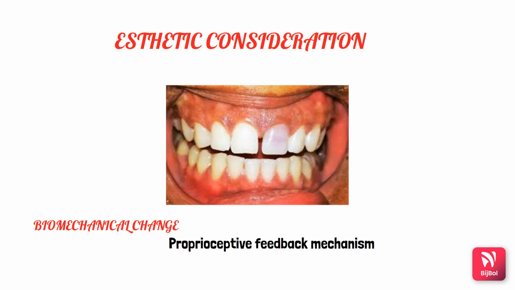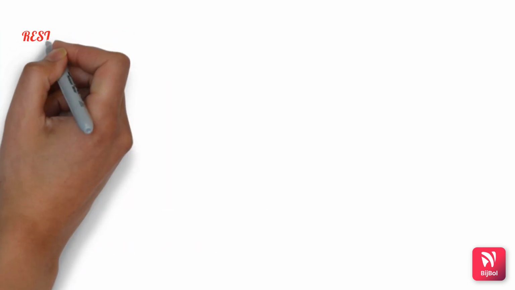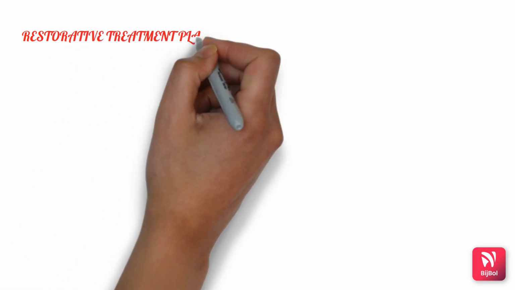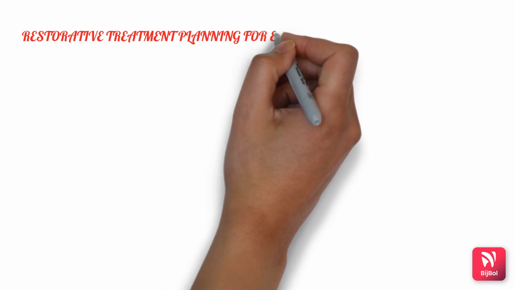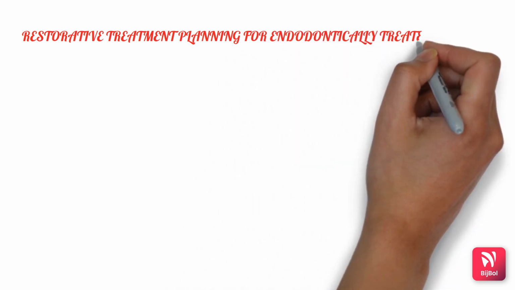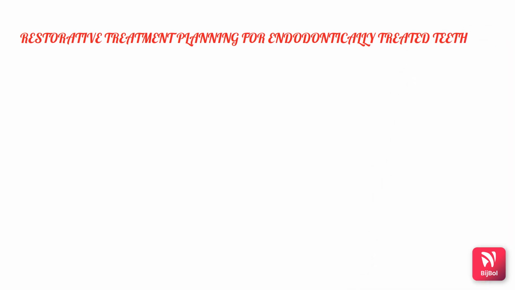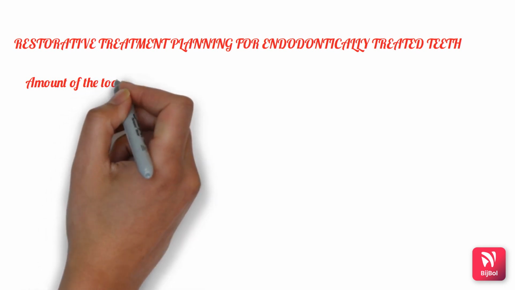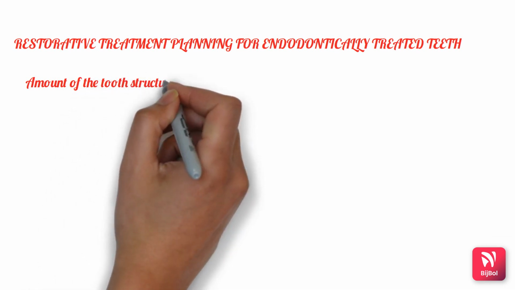Now we'll see the restorative treatment planning for endodontically treated teeth. Here, according to Ingle and Peroz, we have classified the restoration plan of endodontically treated teeth depending upon the amount of tooth structure and the number of walls remaining around the access cavity preparation.